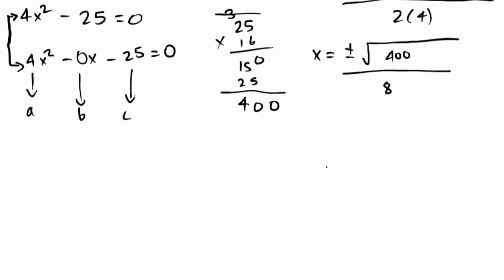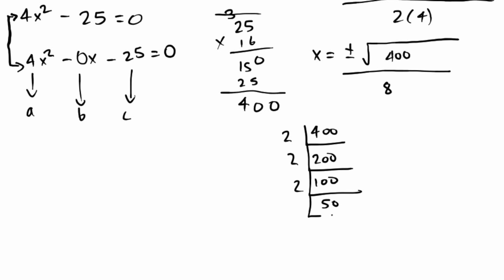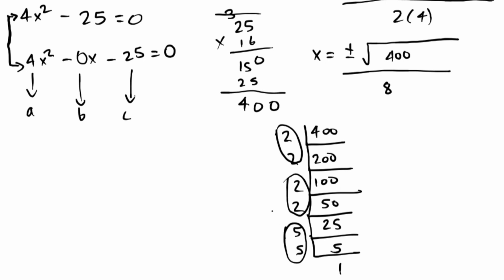So the table would simply just look like this. 400, what are all the common factors? 400 divided by 2 gives us 200. 200 divided by 2 gives us 100. 100 divided by 2 gives us 50. 50 divided by 2 gives us 25. 25 divided by 5 gives us 5. 5 divided by 5 gives us 1. So we can do 2 times 2 times 5.